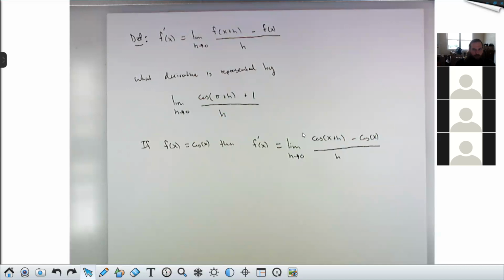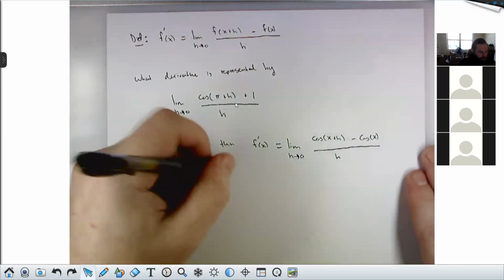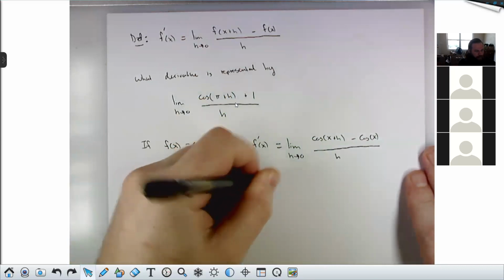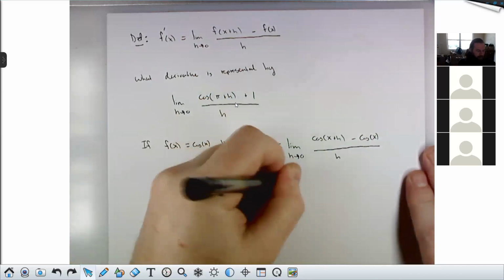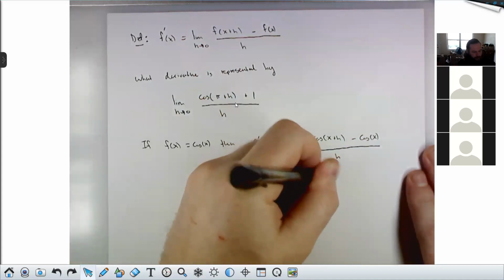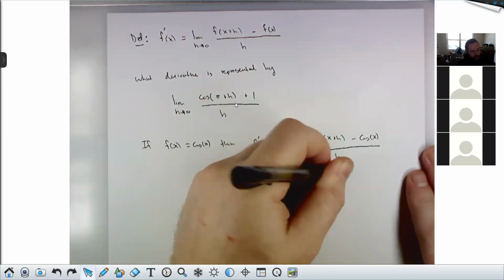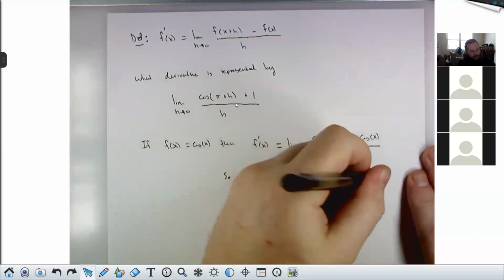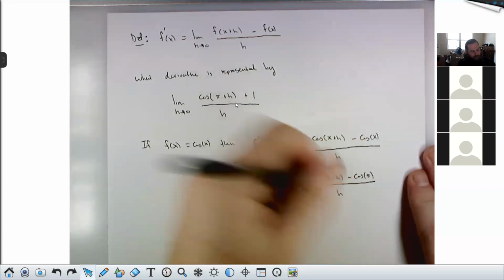So the first term right here, if we just pay attention to this, cos of x plus h here, and cos of pi plus h here. Yeah, pi. So f primed of pi here would be the limit as h goes to 0 of cos of pi plus h minus cos of pi all over h.